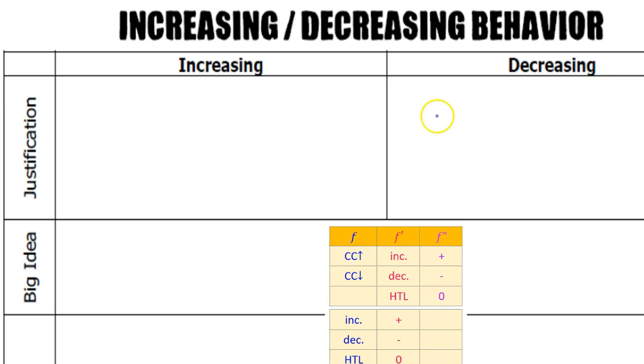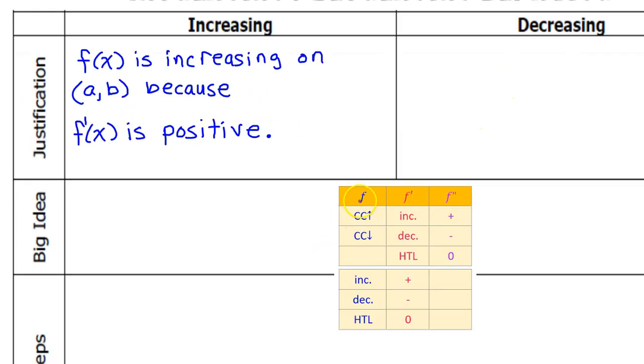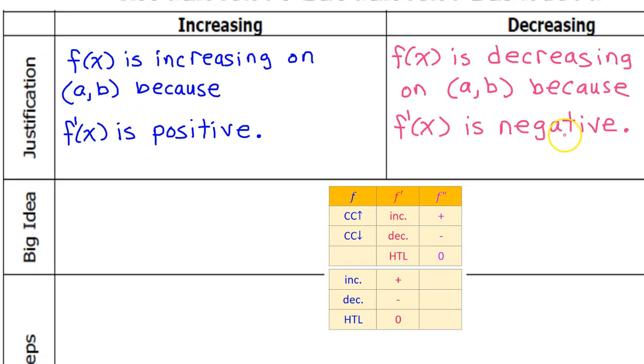We know that f is increasing wherever f prime is positive. So our justification for an increasing interval is f of x is increasing on the interval from a to b because f prime of x is positive. Of course, on a real problem, it won't be a to b, it'll be numbers like 2 to 5.